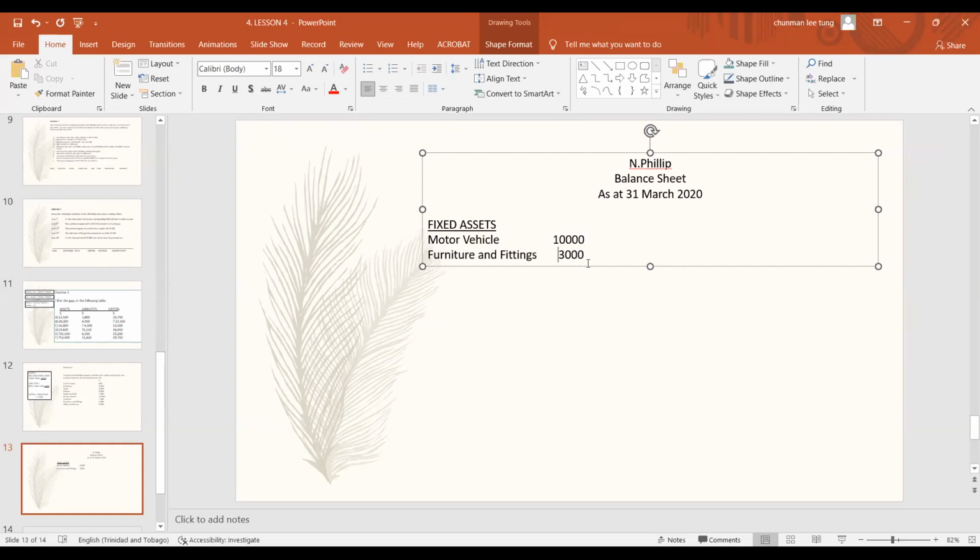And then we have another fixed asset, which is office machinery, $5,000. Right, so when we total those three fixed assets, we're going to get $18,000. Total fixed assets, $18,000.